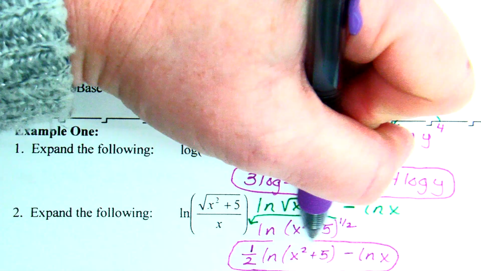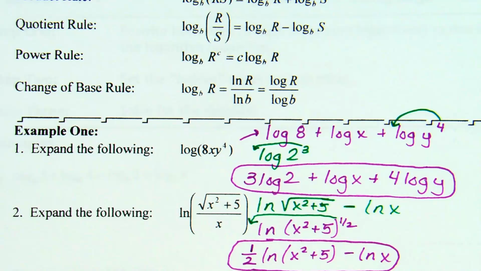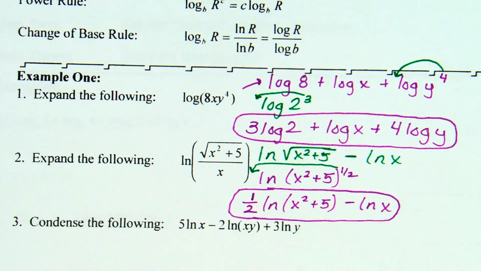And realize you're done. That x squared plus 5 is in parentheses, so it has to stick together as one log. And besides the fact, there's nothing that can split up addition within a log. Addition within a log stays as is.